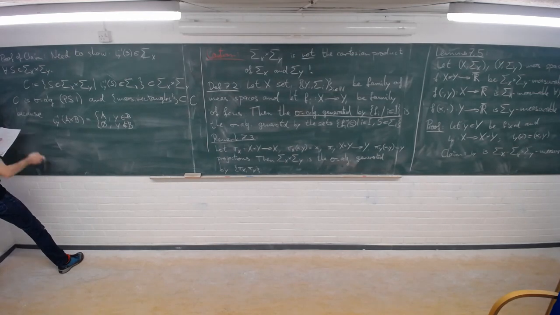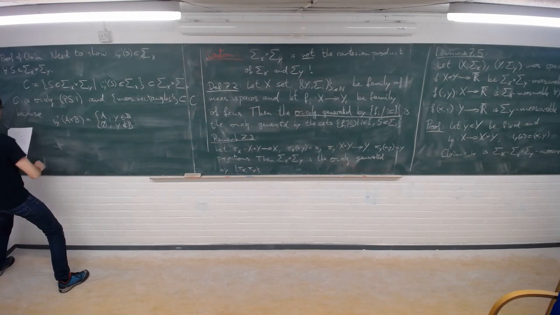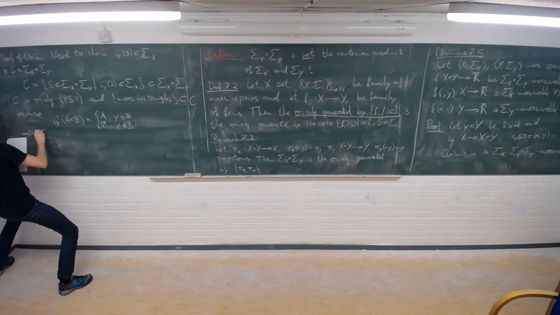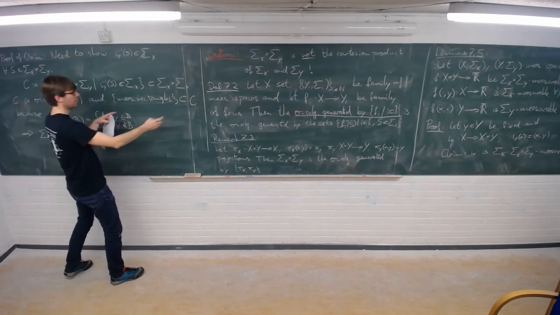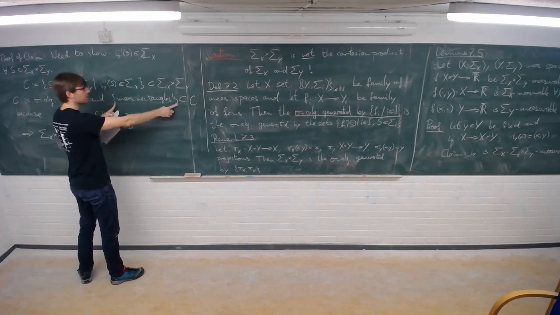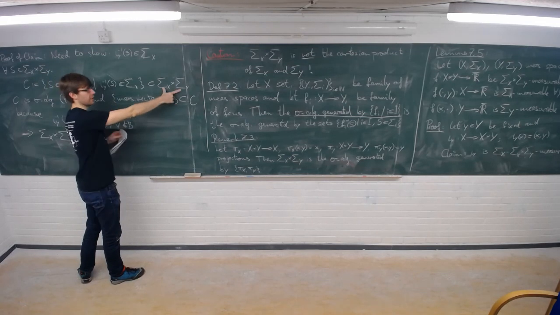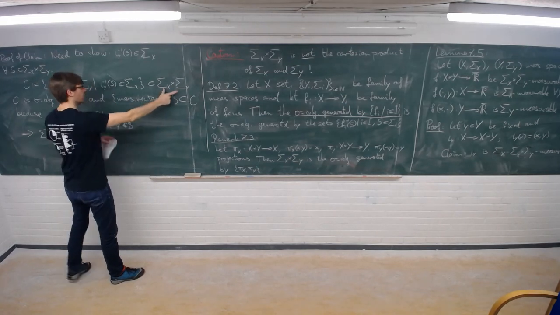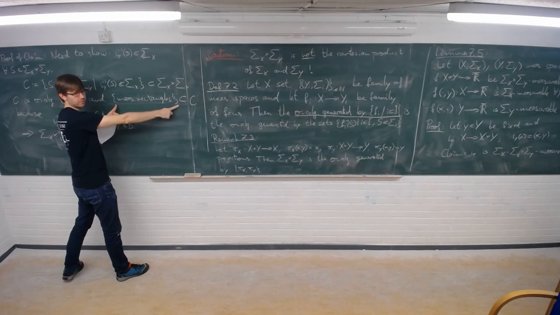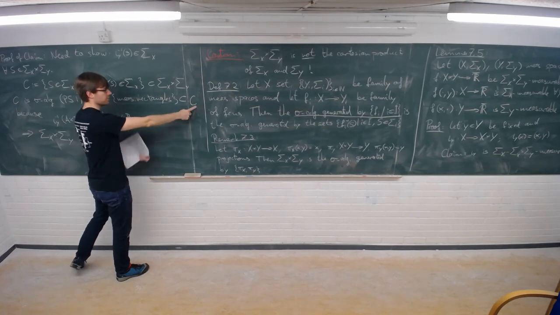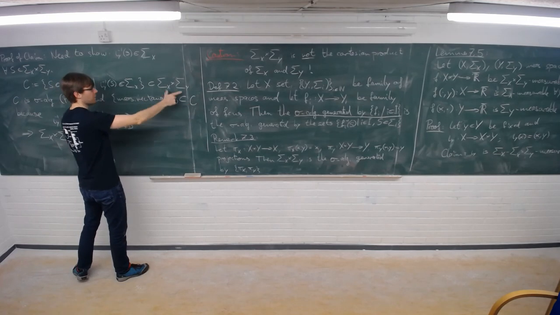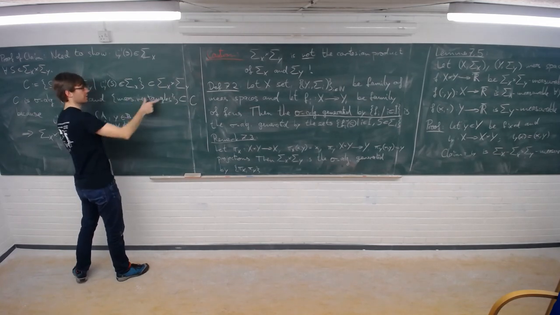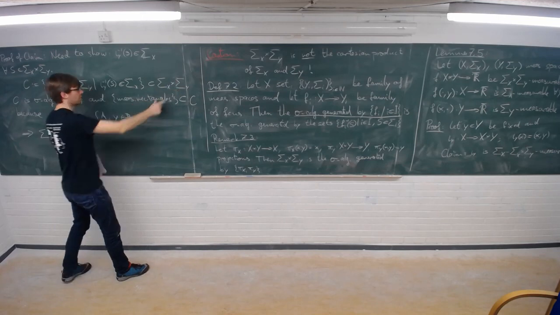But now this immediately implies that C is a sigma algebra that contains the generator of sigma X times sigma Y, right? Sigma X times sigma Y was just defined as the sigma algebra generated by measurable rectangles. So if I have a sigma algebra that contains a generator of this, then this sigma algebra C must contain the sigma algebra generated by these measurable rectangles.